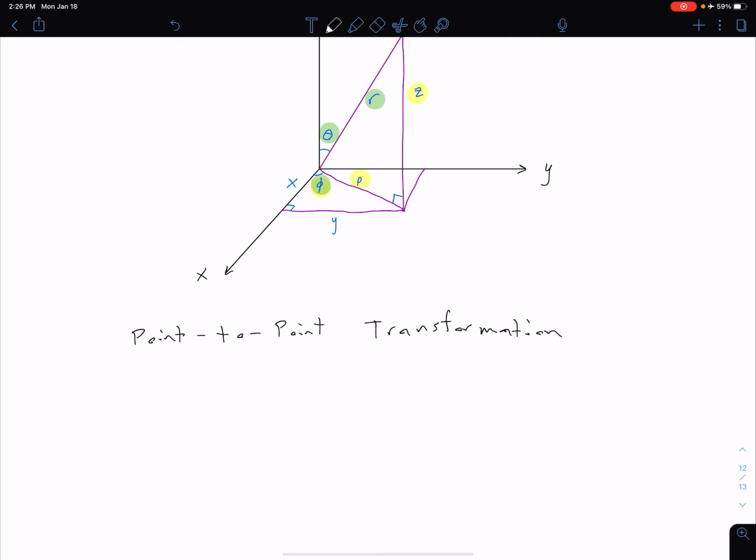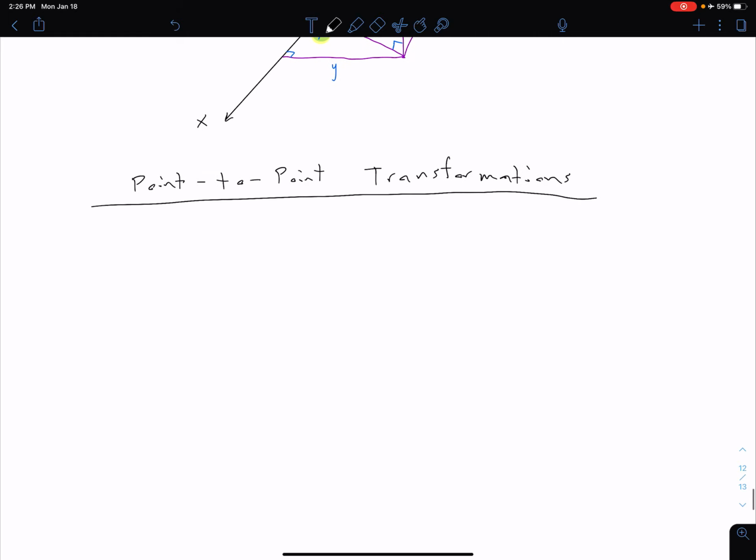So our point-to-point transformations: we're taking a point that's defined with cylindrical coordinates and defining it with spherical coordinates, or vice versa. Let's start by saying we have our cylindrical coordinate and we want it in spherical coordinates. Using trig in the figure above, we can say that r is equal to the square root of rho squared plus z squared.